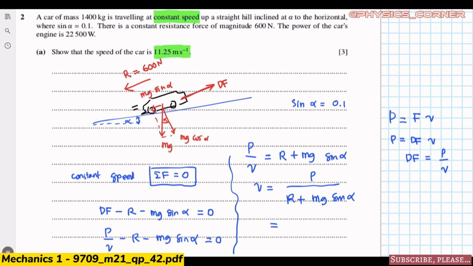We find P is 22,500 and R is 600 newtons, and mg sine alpha uses g as 9.8, times sine alpha. Let me calculate first.